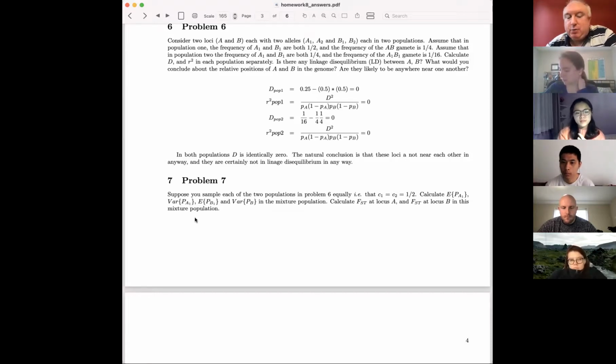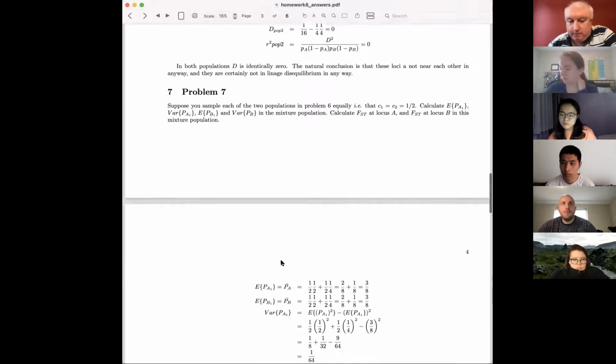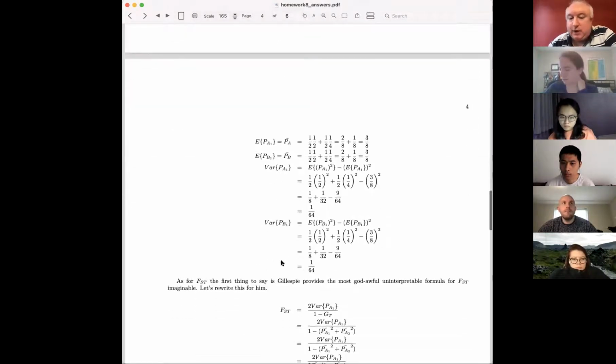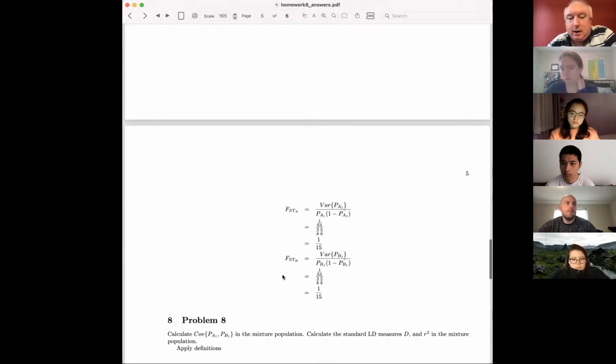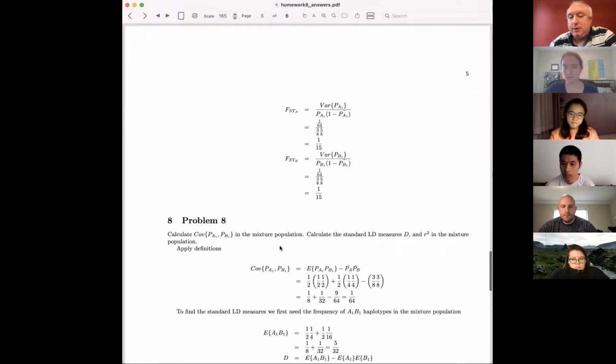That variance in frequency will turn out to matter and be relatable to a whole lot of other things. If it all goes well for you, you will find you've got measures of variance, and you have this thing called FST that you'll be able to interpret in some fashion or another.